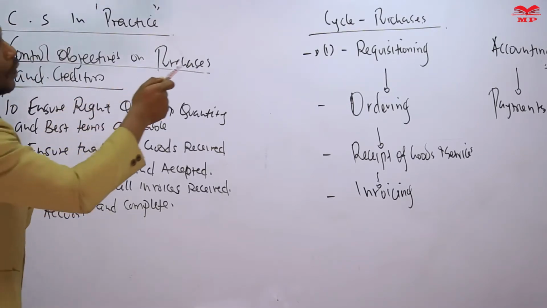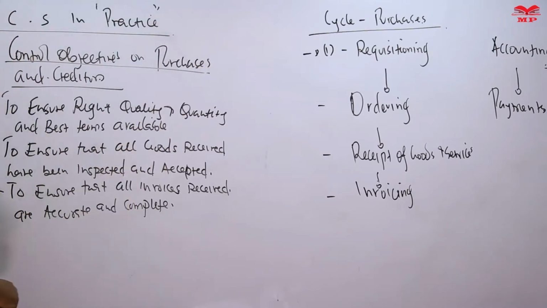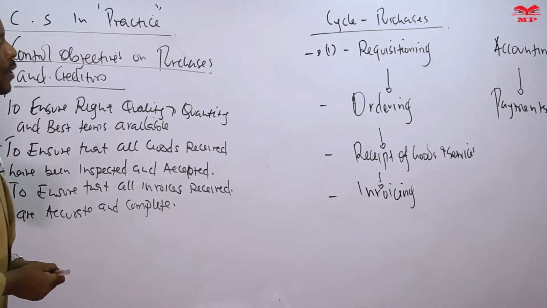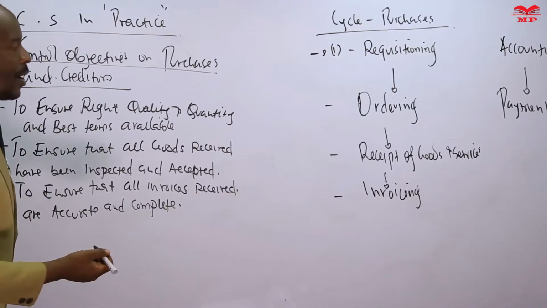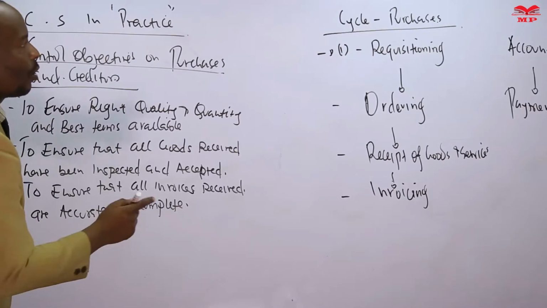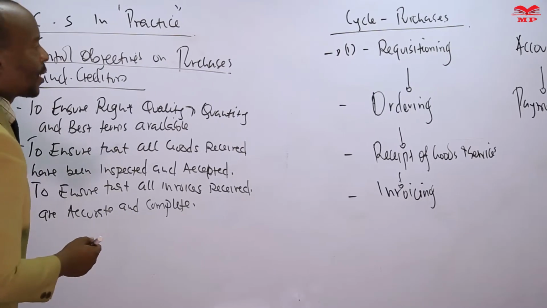We can also provide an objective based on the accounting. And therefore, I'm going to put objective number 4 here, to ensure that all invoices received have been accounted for and all the transactions relating to purchases have been accounted for.